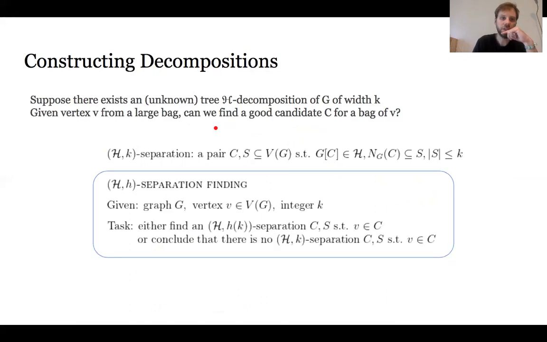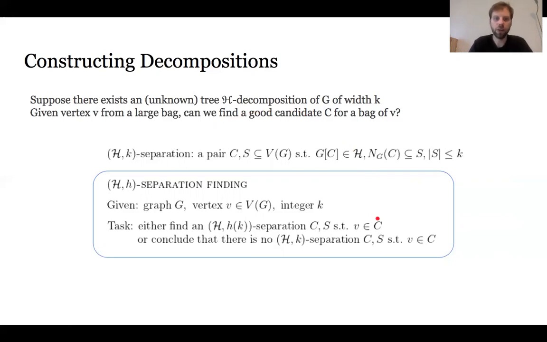And we consider a problem of finding such separations where we are given a vertex V and we want to find the separation that would cover the vertex V. So V should belong to the set C. And we again settle for approximation.